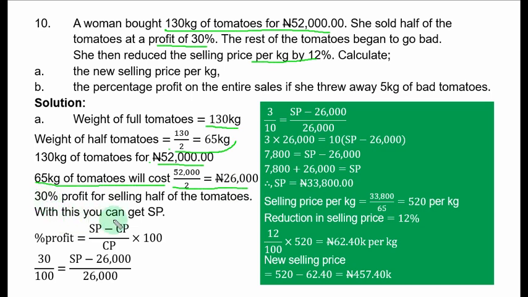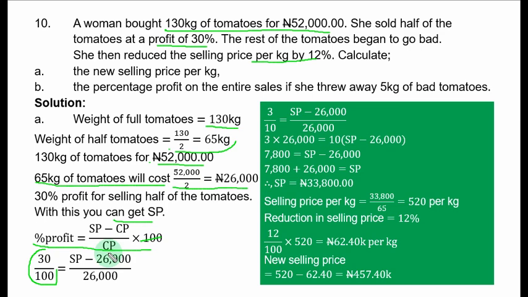So with this you can get the selling price. Percentage profit is equal to selling price minus cost price over cost price times 100. The profit in percent is 30. If you convert from percent, you have 30 over 100. This conversion has removed working with this 100.